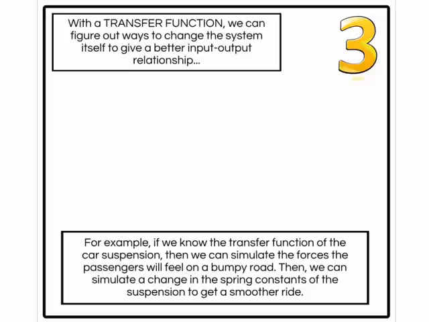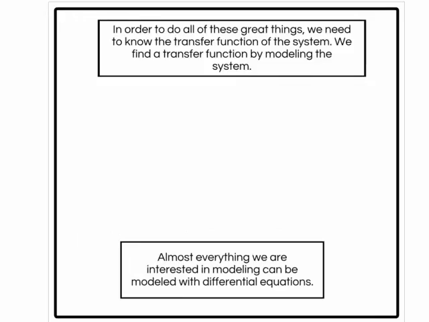So with these three important things that we can do if we know a transfer function, how do we find this all-important transfer function for a system? In order to do each of these three important operations, we need to know the transfer function of the system. We find a transfer function by modeling the system.